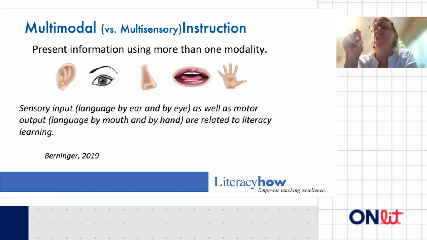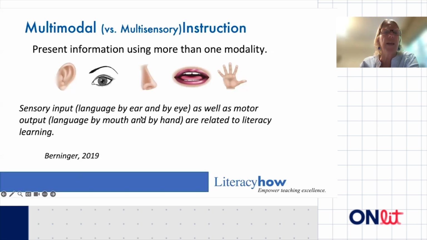We have the auditory channel, the visual channel, not really thinking too much about the nose. However, when we're teaching the phonemes, we might call attention to the nasal sounds, right? The mouth is very important in terms of multimodal instruction, both in terms of articulating sounds and just thinking about the production of those sounds, and the modality, the motor output, which is the hand, so the kinesthetic.